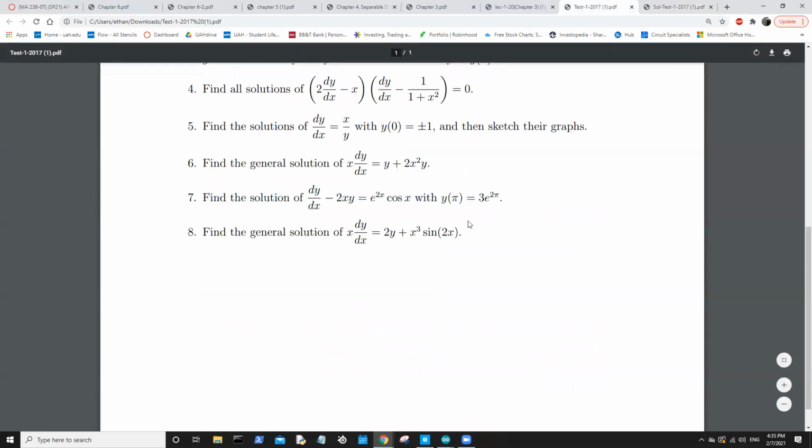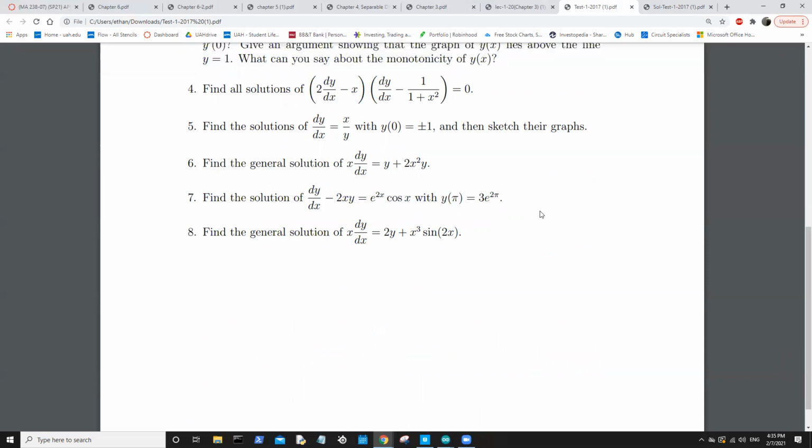So we have these last two. So we have 7, dy dx. It doesn't look like we've reached, actually these ones might be new forms, but up until now we haven't really done many things besides separables.